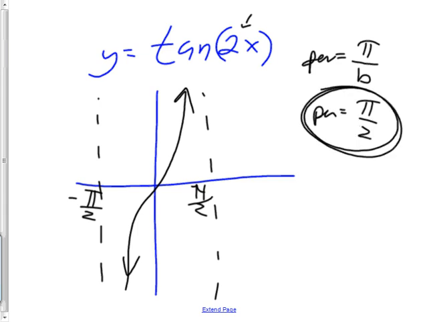Now some people look at this graph and go, oh, well the period already is pi over 2. See, it's like a pot of pi over 2 right there. If the period's supposed to be pi over 2, these numbers have to get, what, bigger or smaller? Smaller. This has to become pi over 4, and this has to become negative pi over 4.